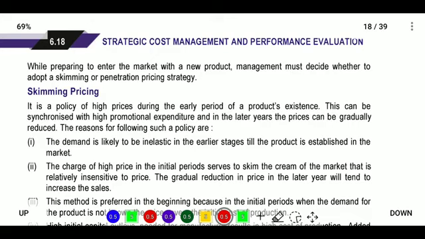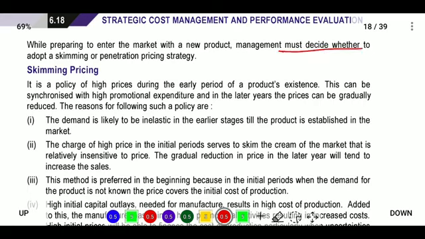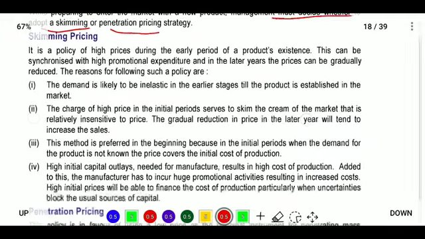Next, while preparing to enter the market with a new product, management must decide whether to adopt skimming or penetration. What is skimming and what is penetration? Skimming is a policy of high prices during the early period of the product's existence.